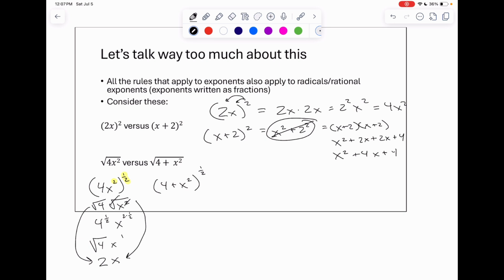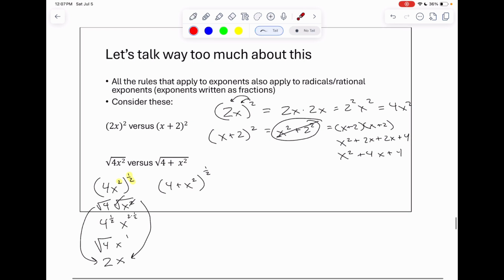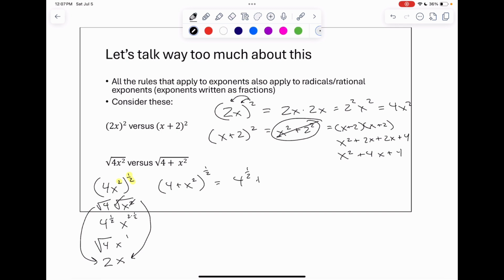Now, remember, we cannot do that to things that are polynomials. These guys are added together. So are we going to call this 4 to the 1/2 plus x squared to the 1/2? Absolutely not. That is a big no. Don't do that, just like we don't do this. So what will we do instead?